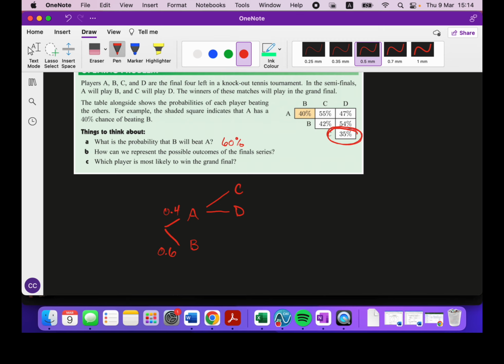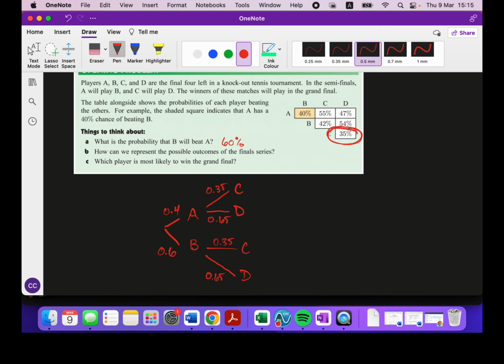That's this 35%, so 0.35. So there's a 35% chance that if A wins, the next opponent is going to be C. That's going to be the same here, where we'll have 0.35, which means that this is 0.65. And I think, if I remember your paper, this is exactly what you already had worked out.